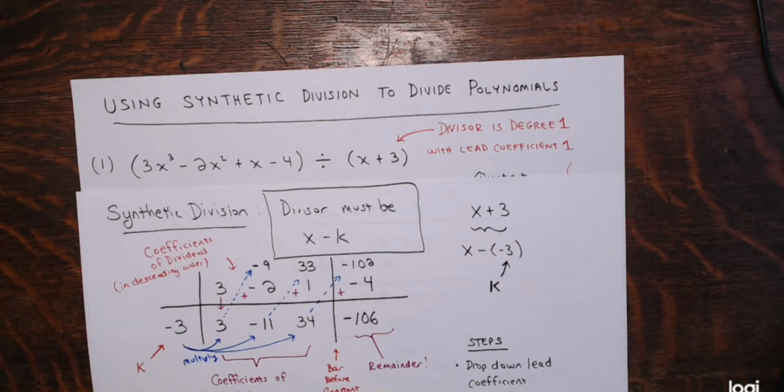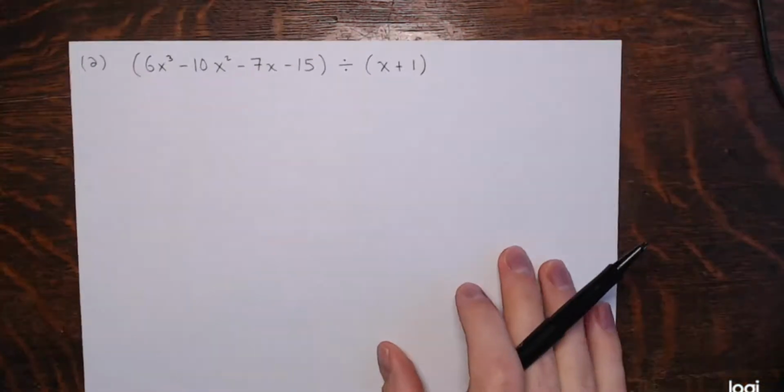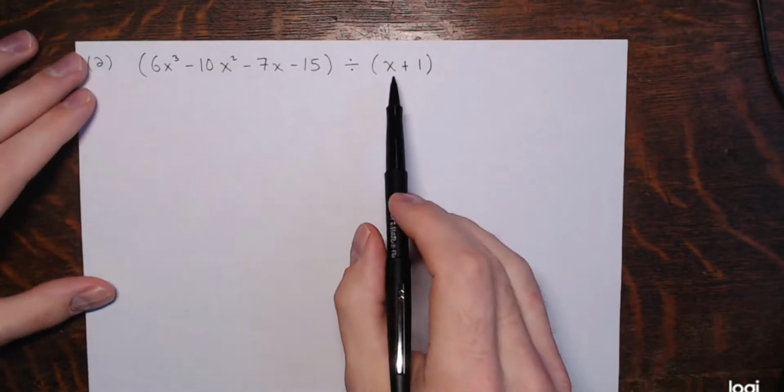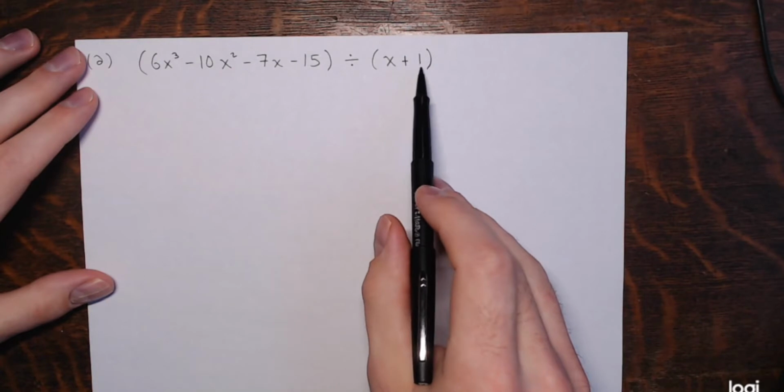Okay. So let's do this again. I got a bunch of examples for you. I'm just going to keep repeating this process. Now, the next example, same thing. The divisor, what we're dividing by, is degree 1, lead coefficient of 1.